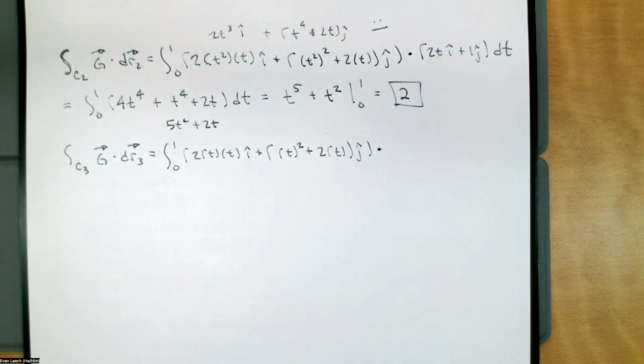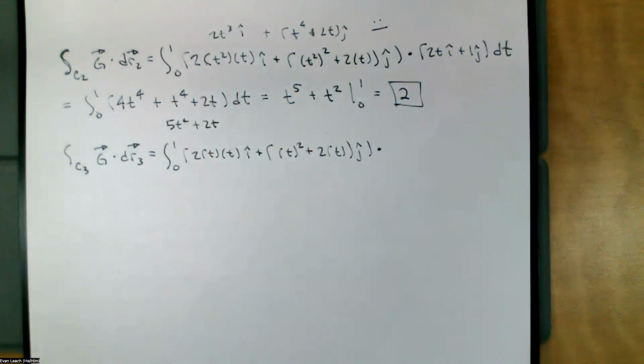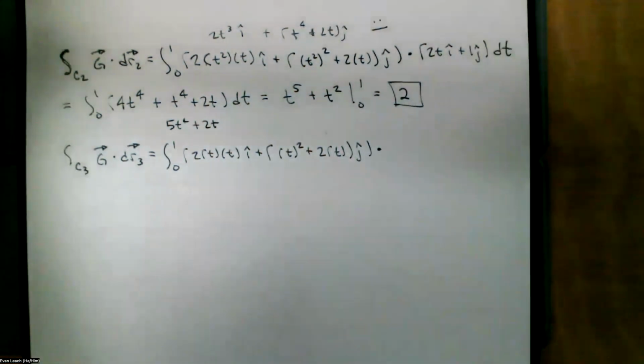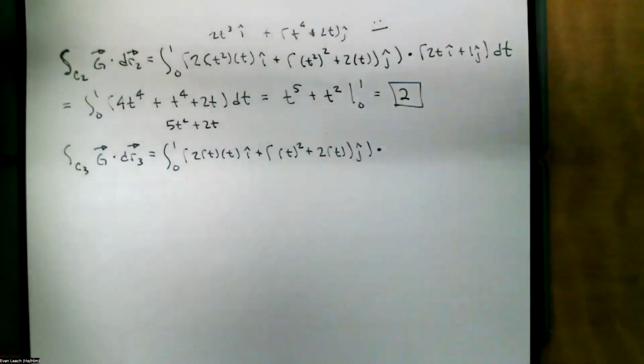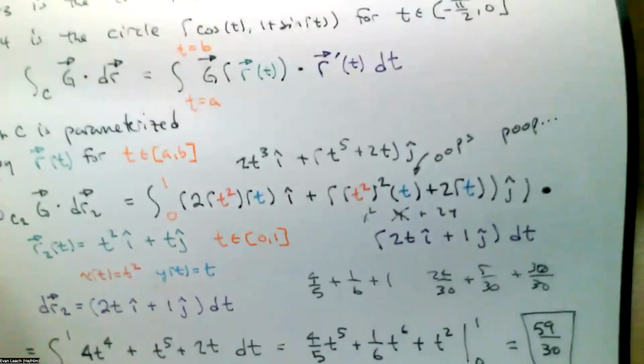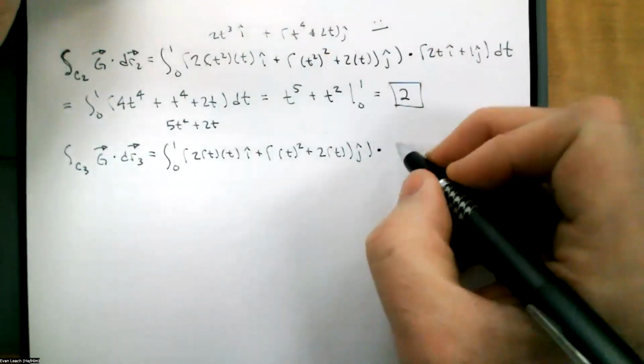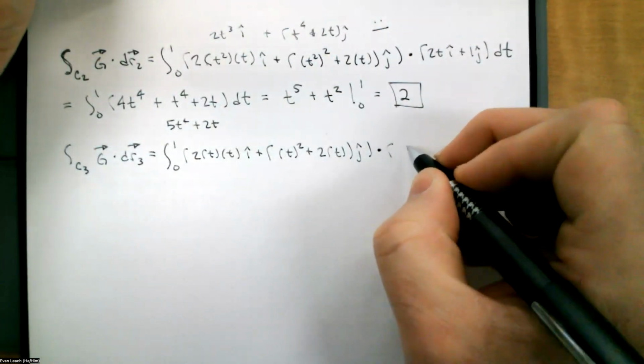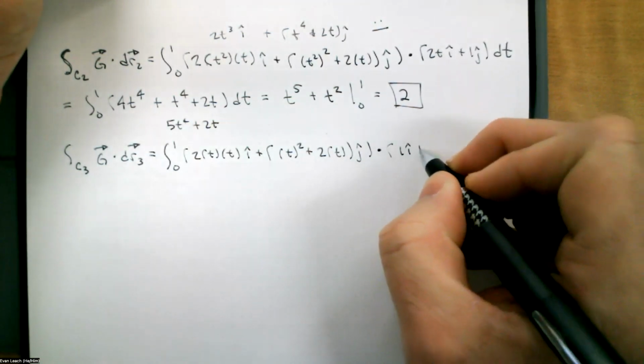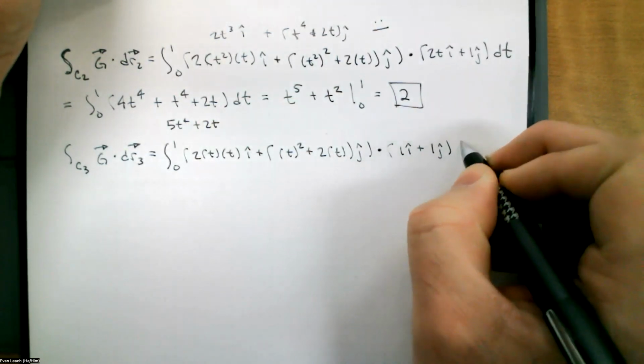So g is 2xy plus x squared plus 2y. And then my other dot product here with the dr, which is 1i and 1j.